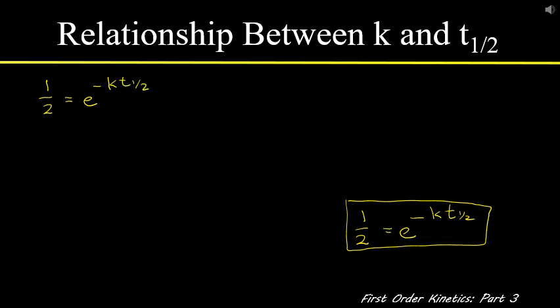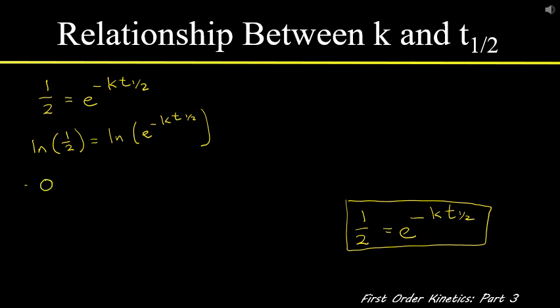So if 1/2 is equal to e to the minus kt, we can just take the log of both sides. And the log of, well, I'll go ahead and write it out. Log of e to the minus kt. On the left-hand side, we've got the log of 1/2, and you can just put that in your calculator.